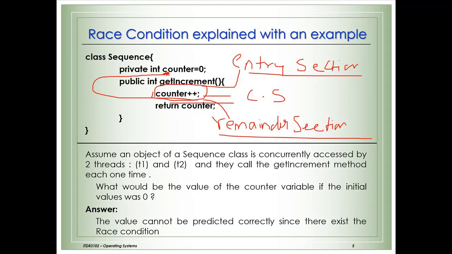So, when you want to prevent the race condition problem, as a good programmer, you have to know what the critical section is. Only when you identify the critical section can you safeguard it with some synchronization mechanism so that the race condition problem is resolved.